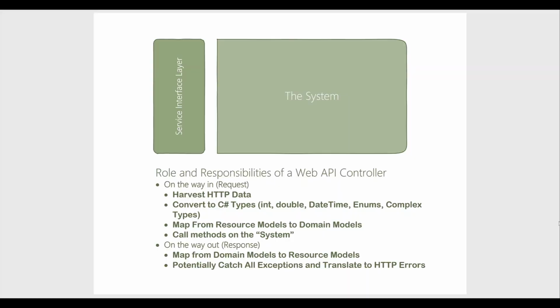And it might have to map the domain models back to a resource model. So the mapping that the service interface layer is doing is potentially two-way, meaning resource model to domain model on the way in, and on the way back out, domain model to resource model. And of course it also has to catch exceptions or potential exceptions.